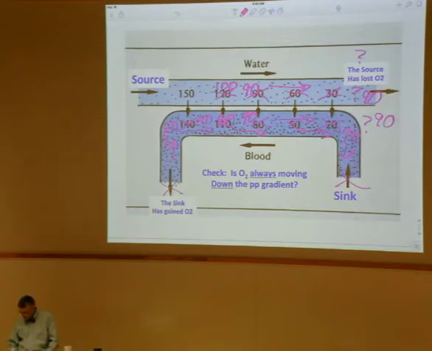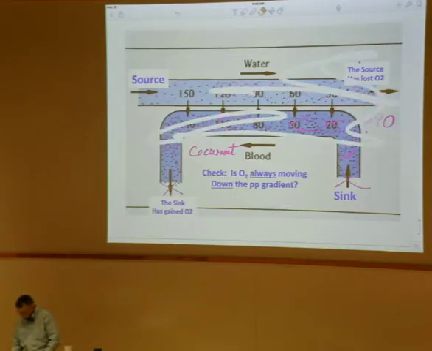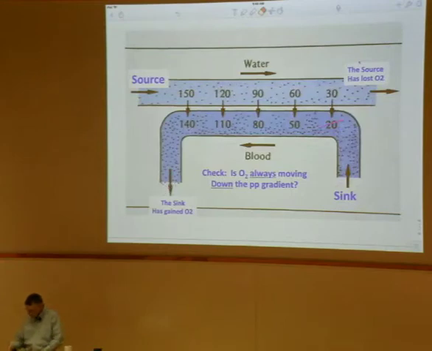That would be a co-current exchange, and less efficient. Just by having opposite directions of flow, you wind up with much more efficient transfer. Okay, any questions before we talk about bird lungs, which are a little more complicated yet?